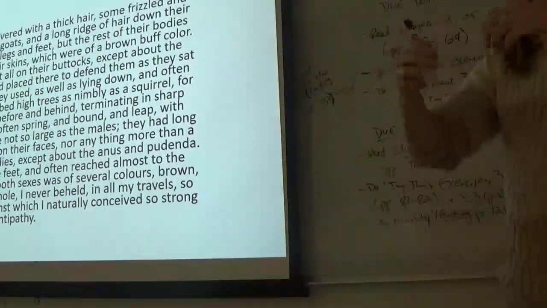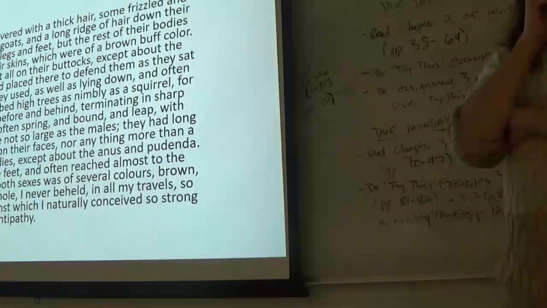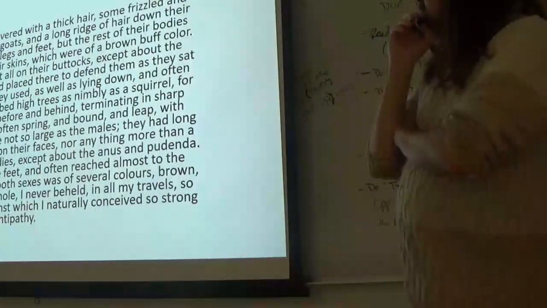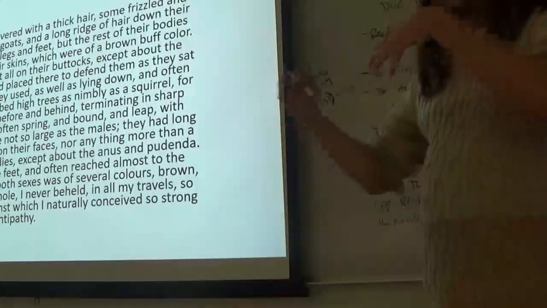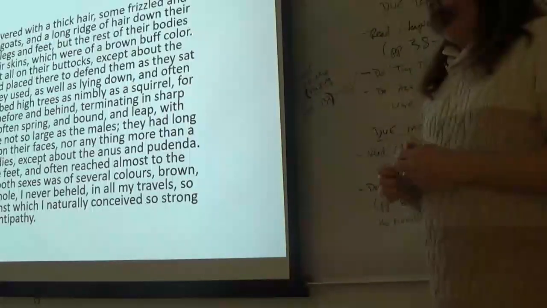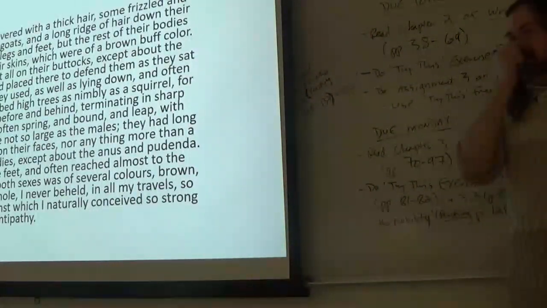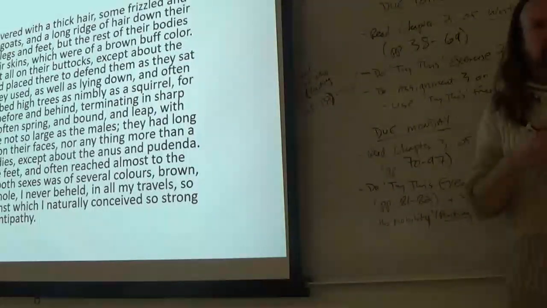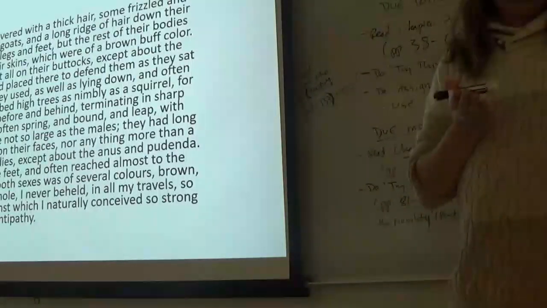Either for digging or for climbing. Yeah, the coloring is a little bit too varied for any single species of ape, right? If you're looking at, for example, chimpanzees, chimps' fur is pretty much all the same color. And they typically don't have beards, right?